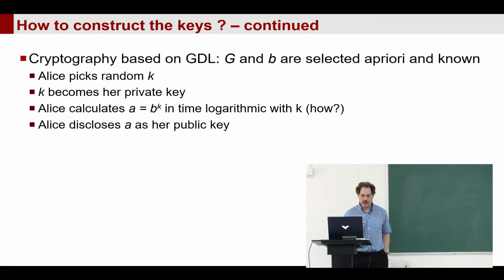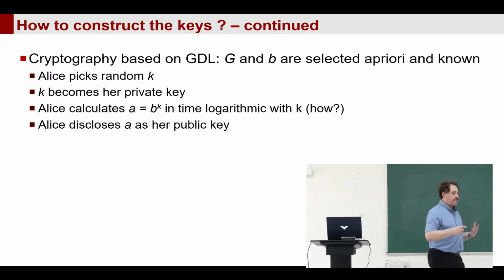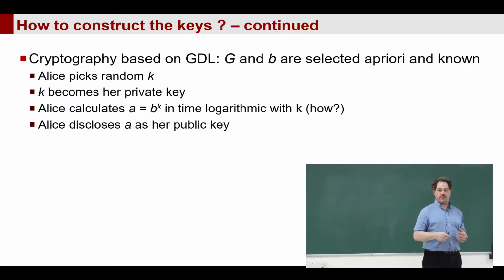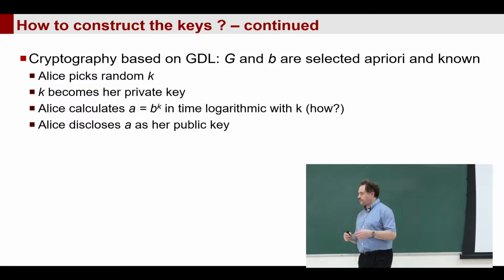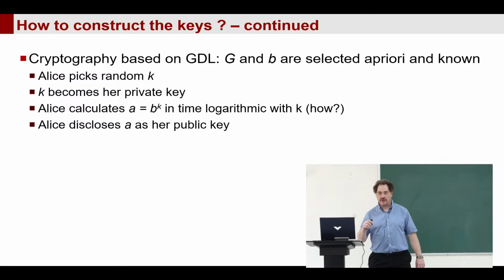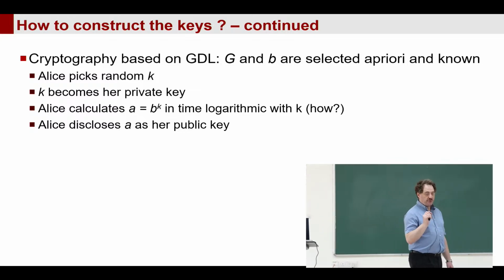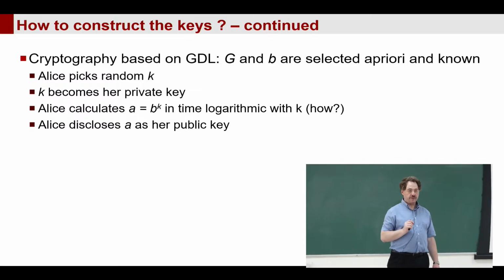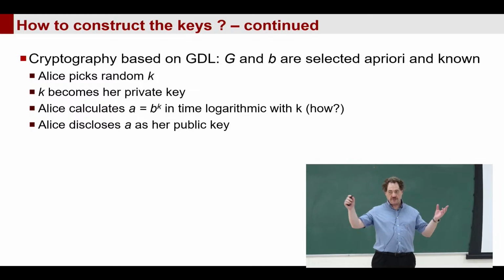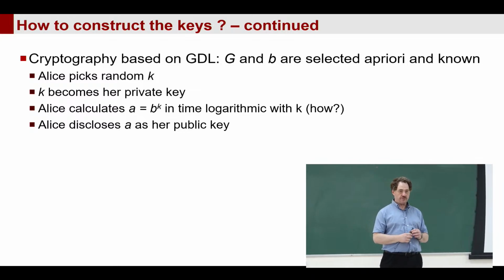Now, how can Alice calculate b to the degree of k efficiently? Well, the naive algorithm would be to take b and just multiply it k times. But that would require k multiplications, and k can be very big in practice. So that's a lot of operations.